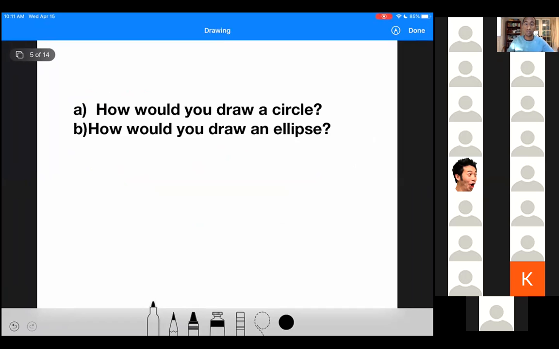My first question is, if I asked you to draw a circle as well as you could without tracing a circular object, how would you go about doing that most effectively and accurately?